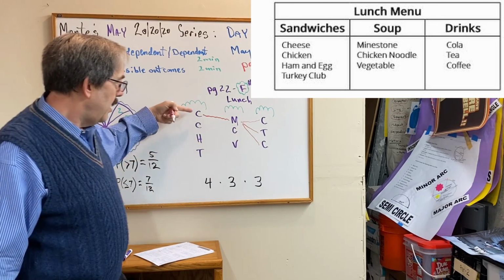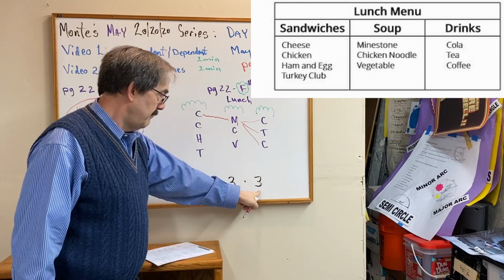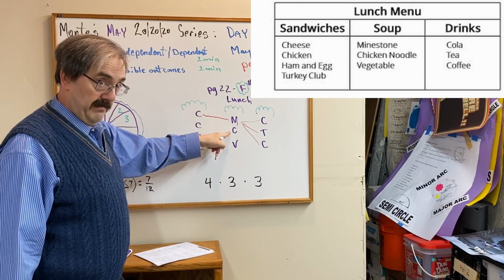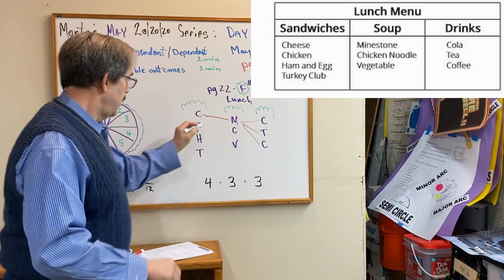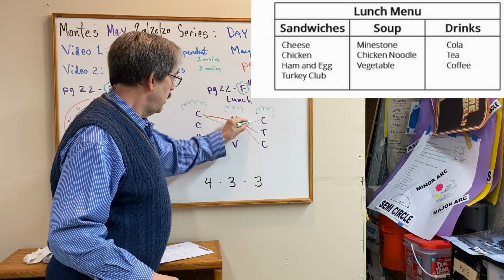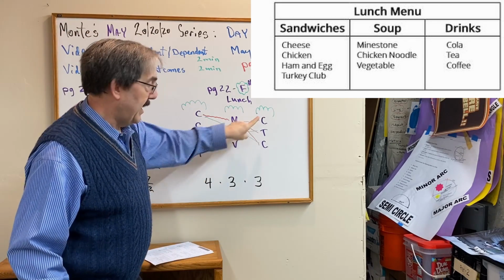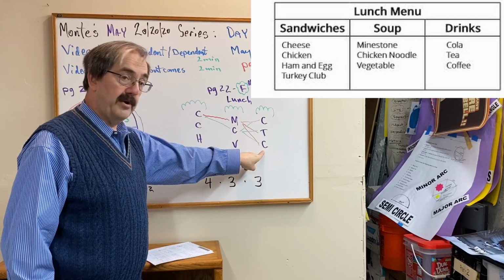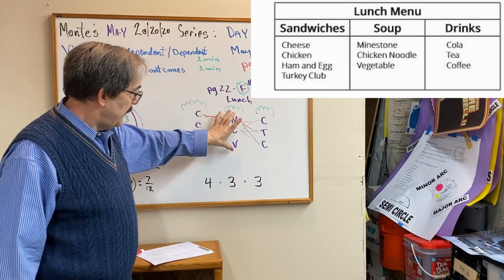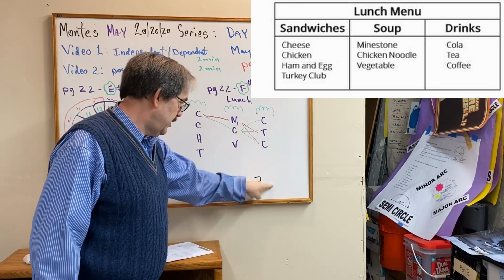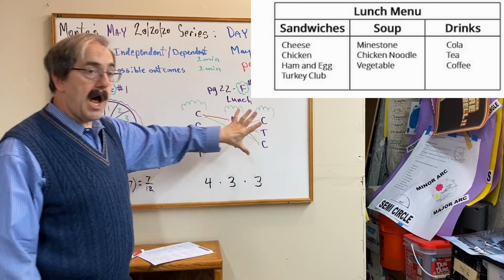Now, this item has 3 possibilities. Boom. This item has 3 possibilities. This item has 3 possibilities, the 3. Now, if I have the cheese, 3 times 3. Each one of these has 9 possibilities.